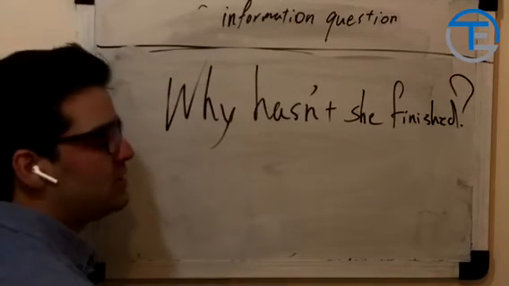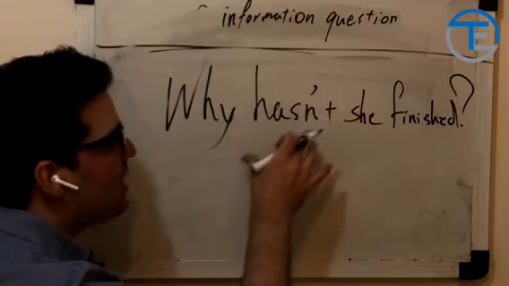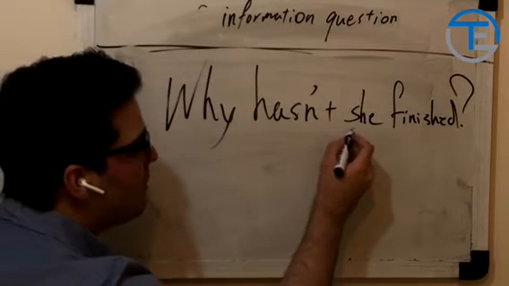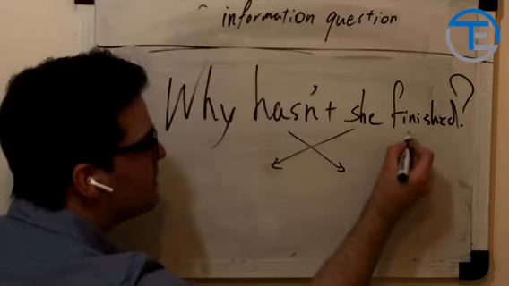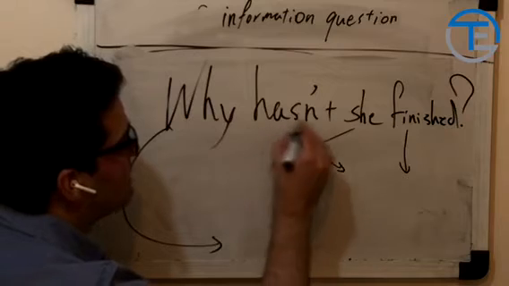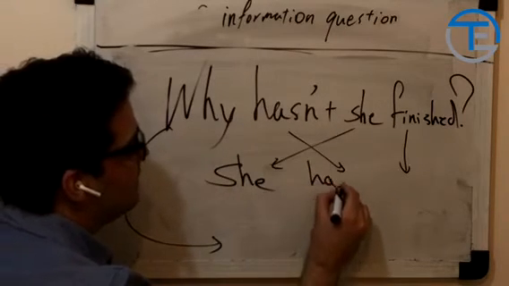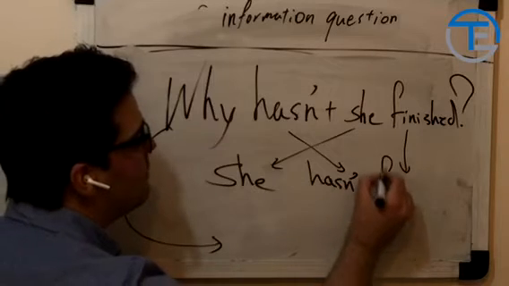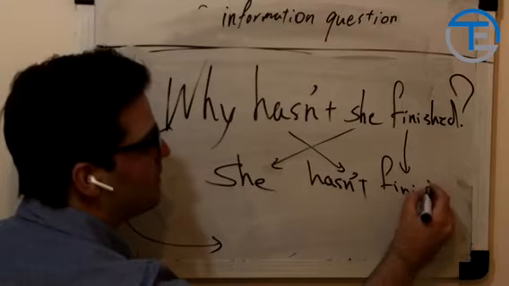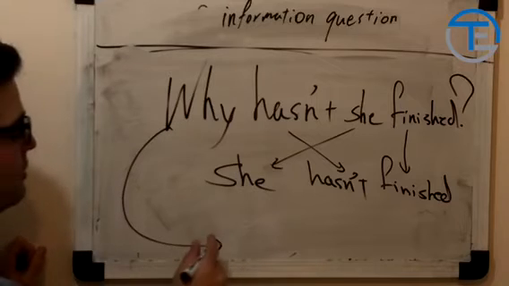If you want to answer this question, it is a good idea to write a part of this question, and then write the reason. For example, she hasn't finished, and now write your reason here.